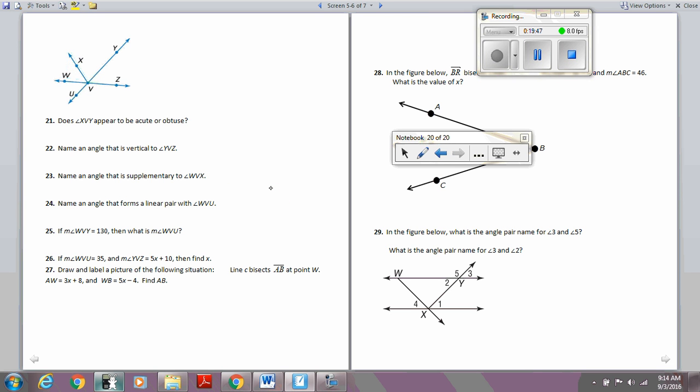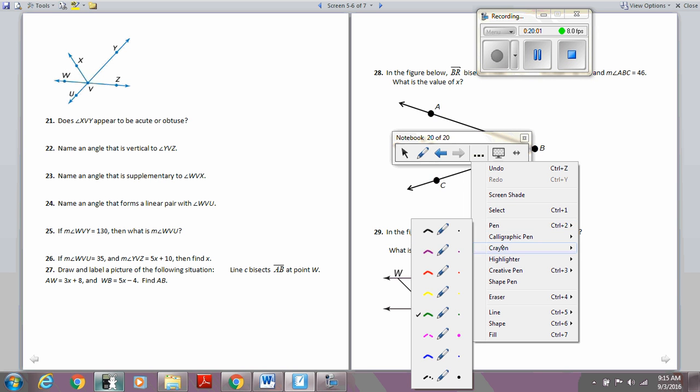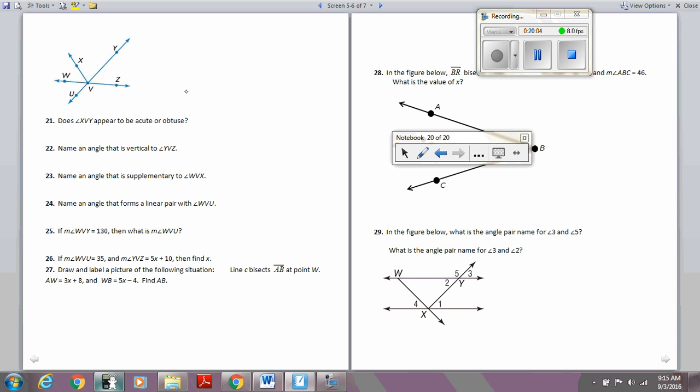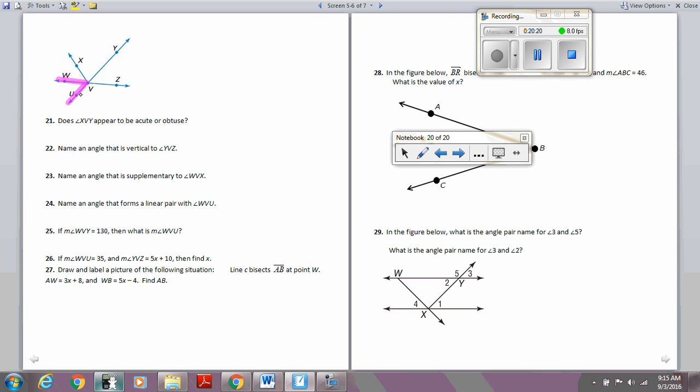24 wants to know an angle that would form a linear pair with angle WVU. So let's highlight angle WVU. To form a linear pair, you have to be adjacent and form a straight line together. So to be adjacent, you have to share that side. So there's a couple of options. One option is angle UVZ.